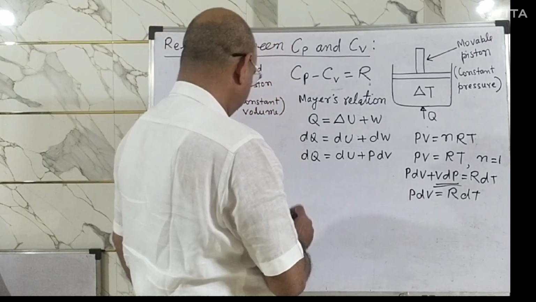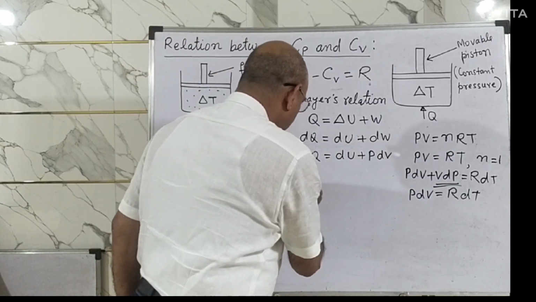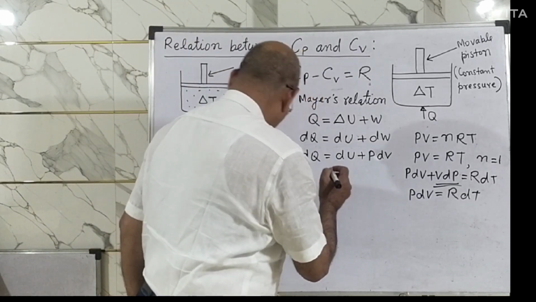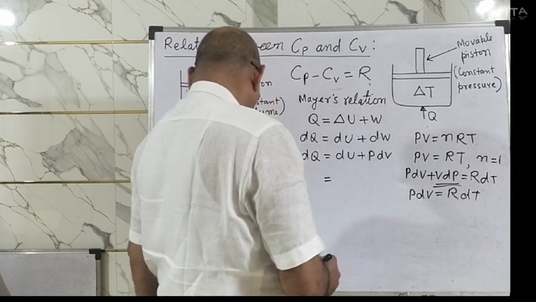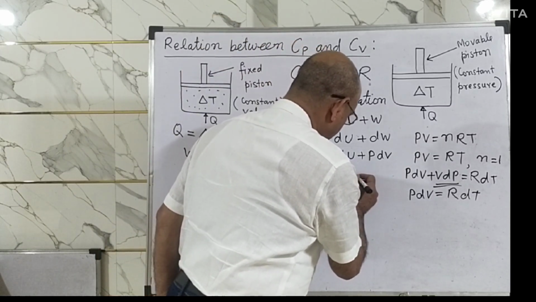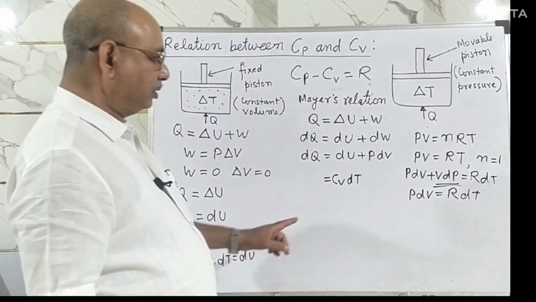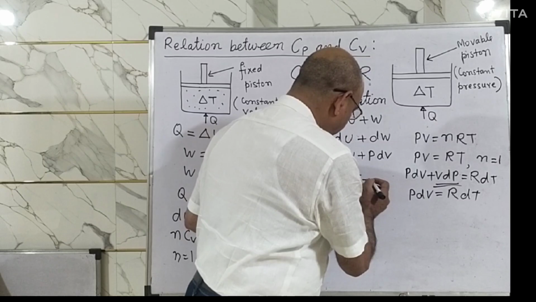We can write here dQ, let's first write it here, Cv dT plus P dV.